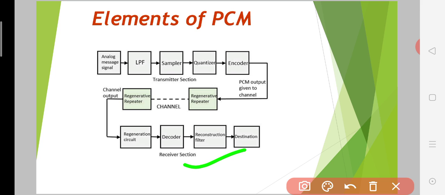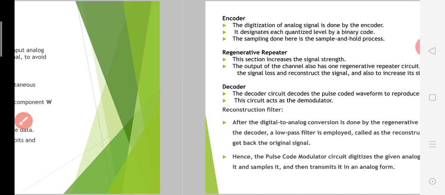It means the low pass filter, and the output of the low frequency components is then fed to the destination. It means our actual message signal.